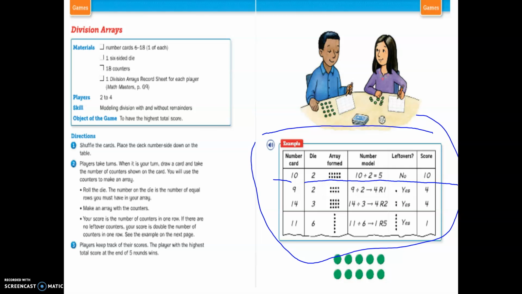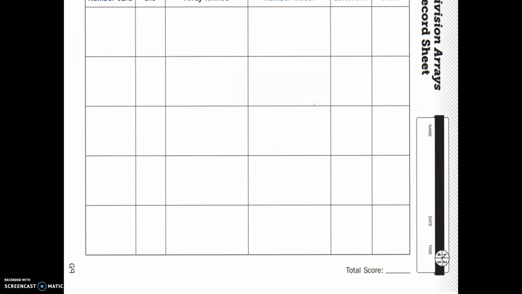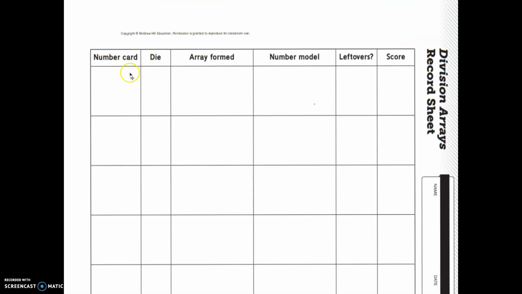Okay? So follow the directions here. You can make that chart on a piece of paper, and it can look like this. So the number card, the dice, what array can you make, what number model, are there leftovers, and then the score.